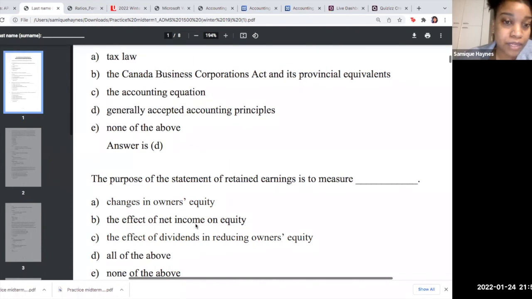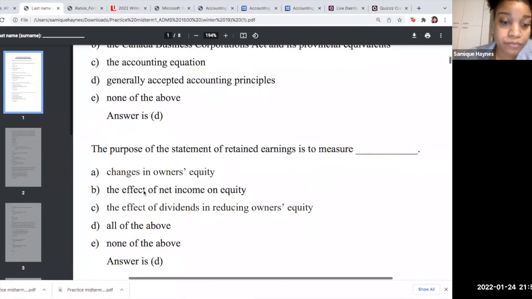On the first quiz, the answer for question 2 was B. Can you please send me an email about that? Write the question down and write your query, so I can look into that. Thank you. All right, so what do you think for the purpose of the statement of retained earnings? Most people said D, all of the above.